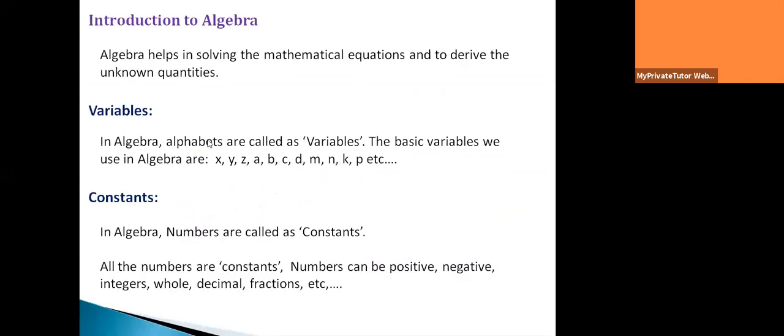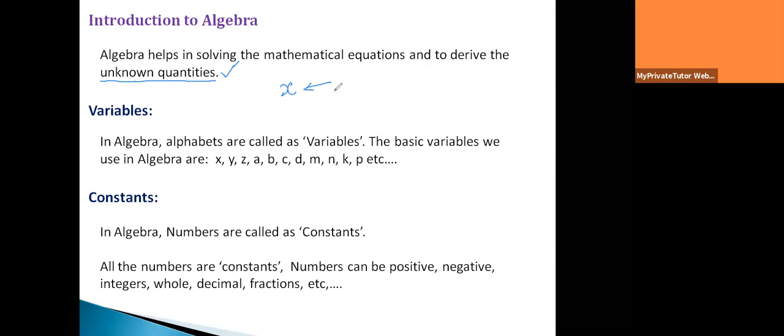So, introduction to algebra. Algebra helps in solving mathematical equations, which is nothing but finding the unknown quantities. I don't think we are going to discuss much on unknown quantities today, but an unknown quantity is nothing but what? X is the unknown quantity. X can be anything.